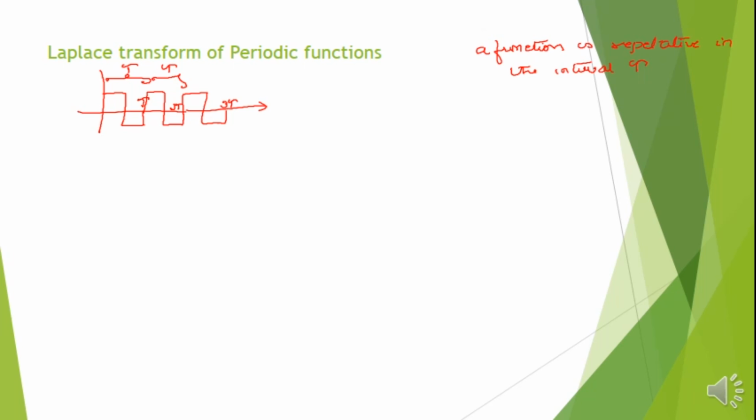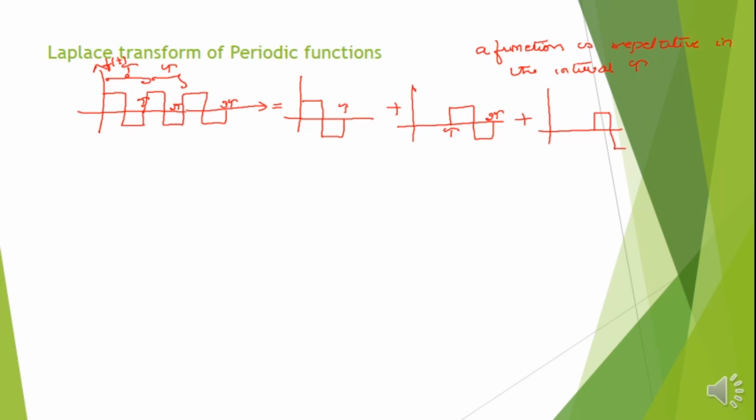So if this is f of t, now this signal can be written as the waveform from 0 to tau, plus the waveform from tau to 2 tau, plus 2 tau to 3 tau, and so on.